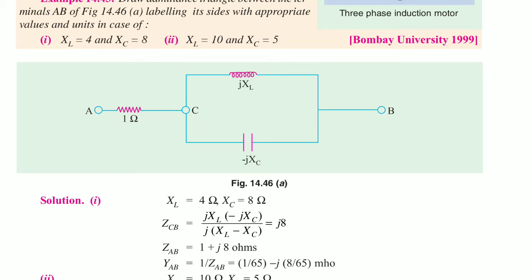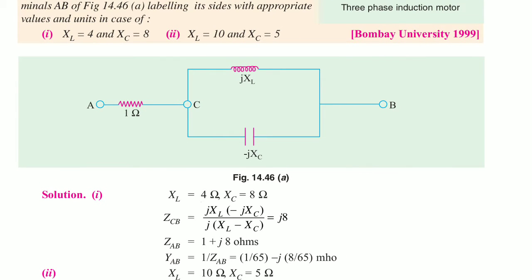From these two parallel branches the resultant ZCB is equal to jXL times minus jXC divided by jXL plus minus jXC, that is, j within bracket XL minus XC. Substituting j into j squared, that is minus, and minus, so minus times minus gives plus, we get XL into XC divided by j within bracket XL minus XC.